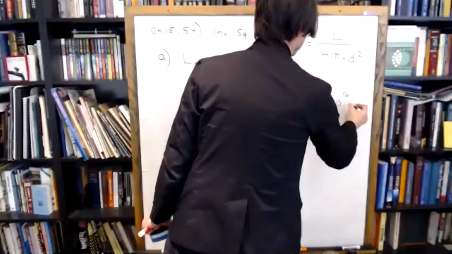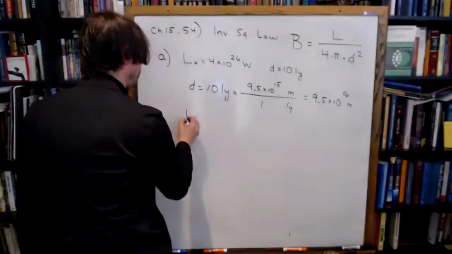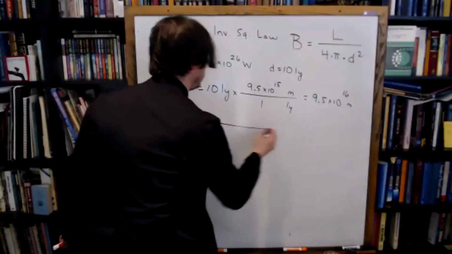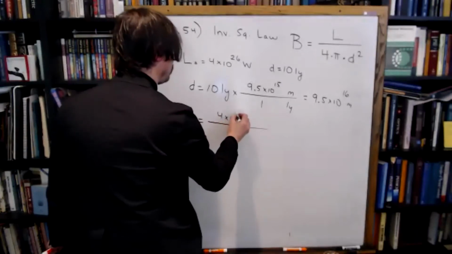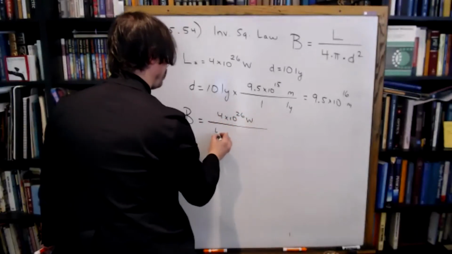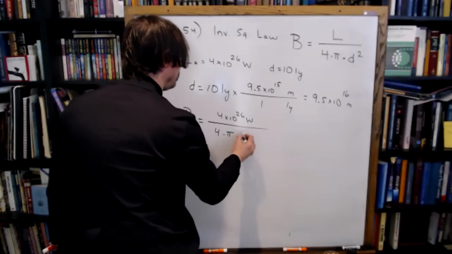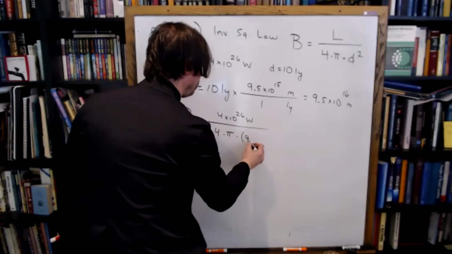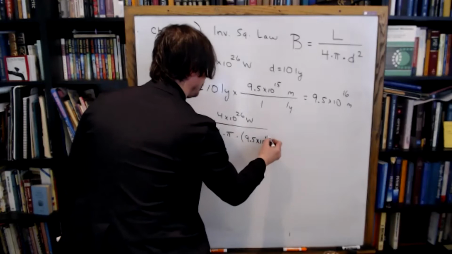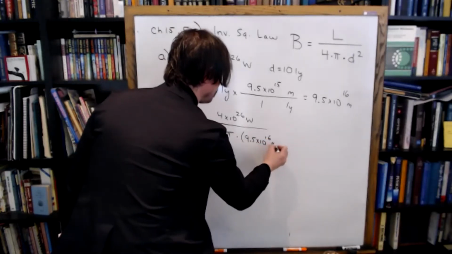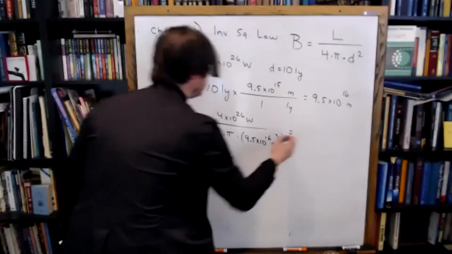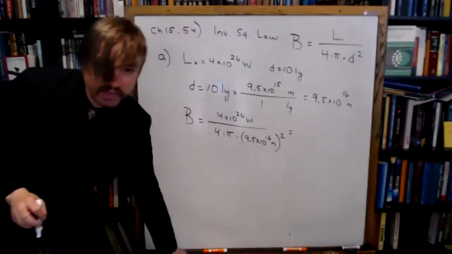All right. Now we can plug this into our formula here. Brightness is 4 times 10 to the 26 watts over 4 pi times 9.5 times 10 to the 16 meters squared. Take out your calculators and punch them up.